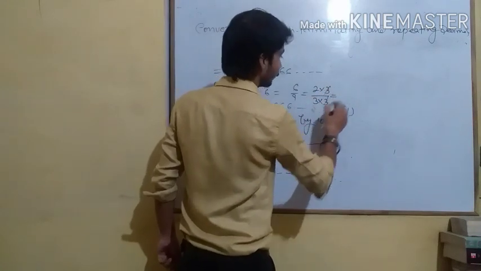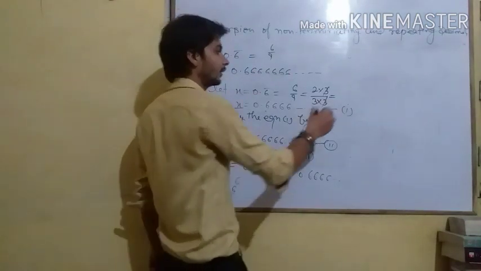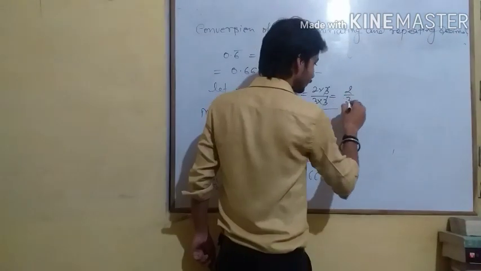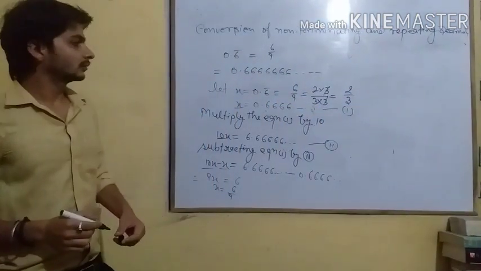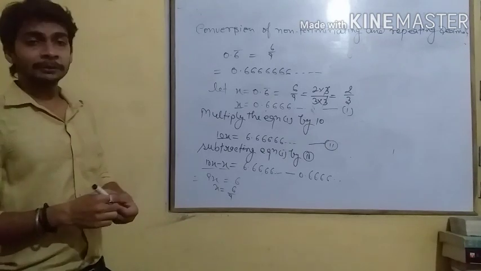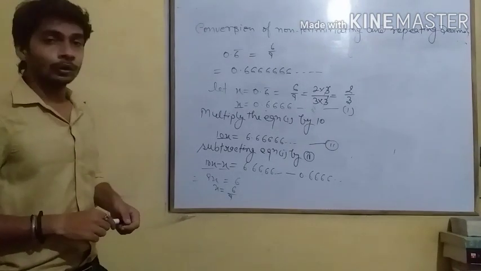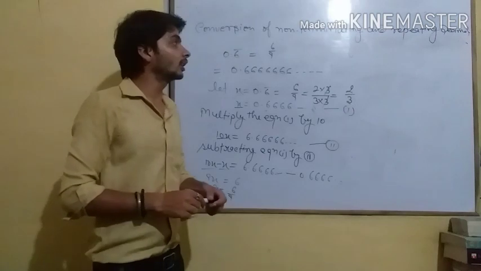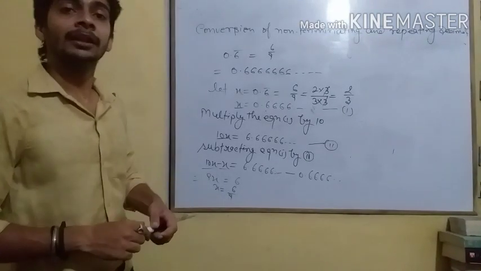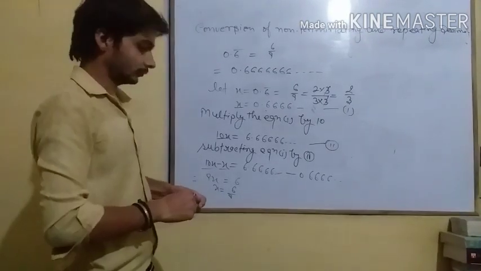Just cut the 3 from the numerator and the denominator and we get 2 by 3. This is a representation of the pure recurring decimal, or the non-terminating repeating pure recurring decimal.